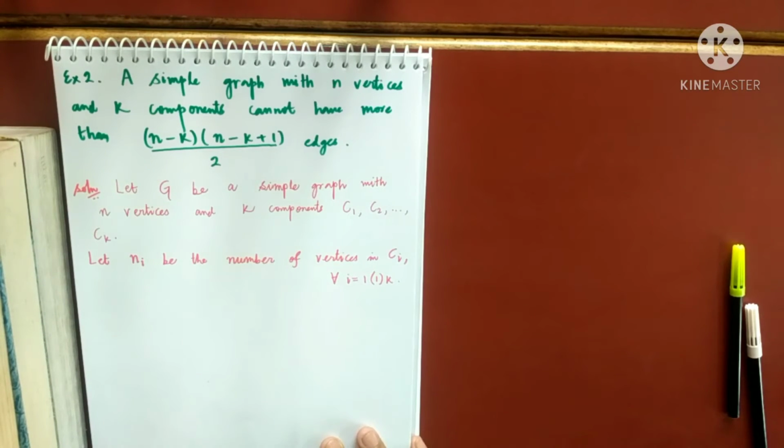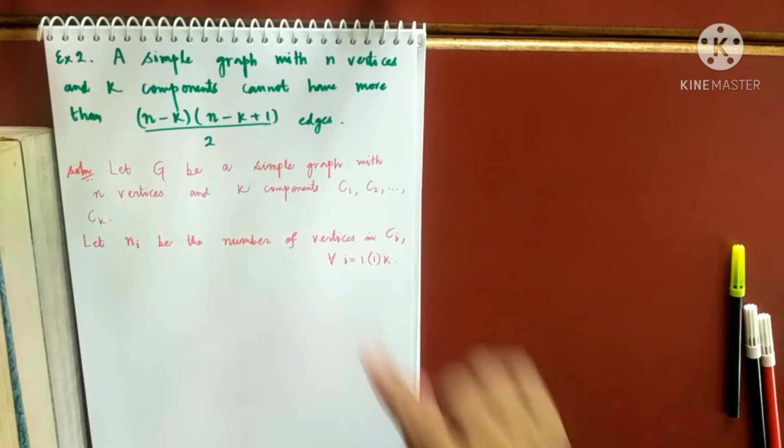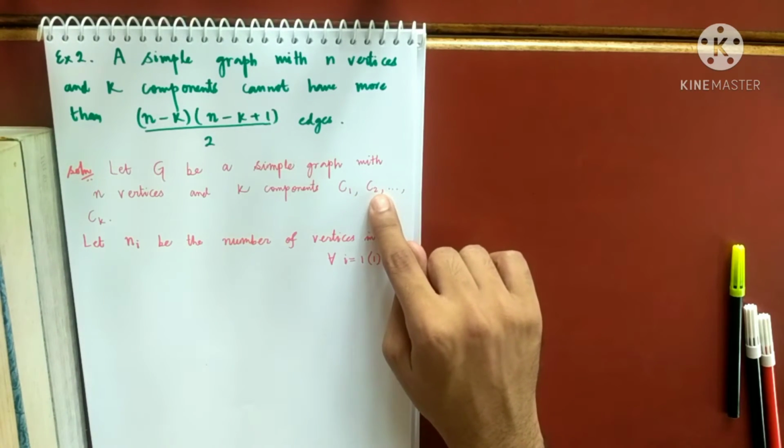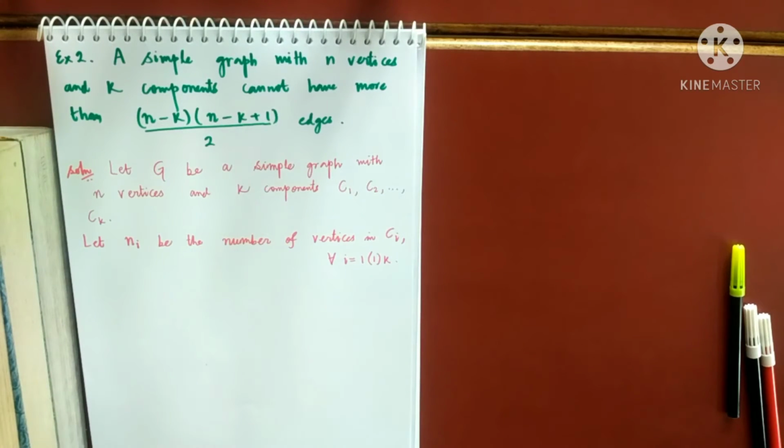The number of vertices in Ck is nk. Do you know any relation between n1, n2, n3, nk? Tell me if you can see a relation between n1, n2, nk.